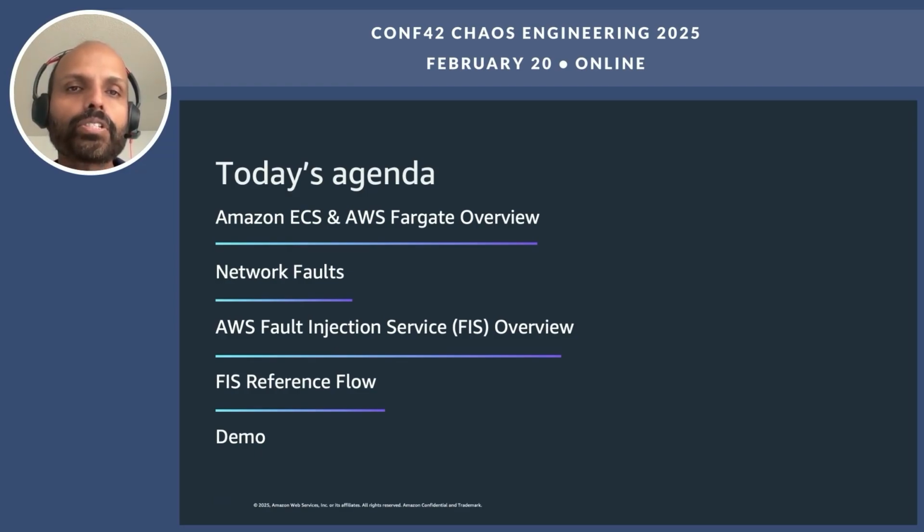We'll also see a reference flow of a chaos engineering experiment triggered through FIS. We'll then conclude with a demo of a sample application that is running containers on Amazon ECS using Fargate and see what the application behavior would look like in case of network faults.